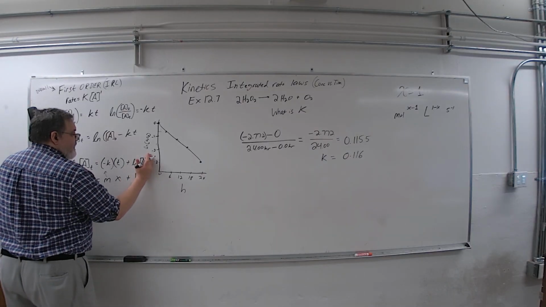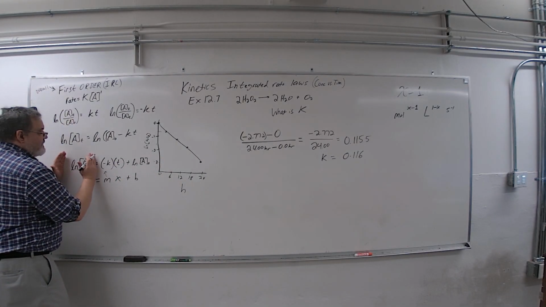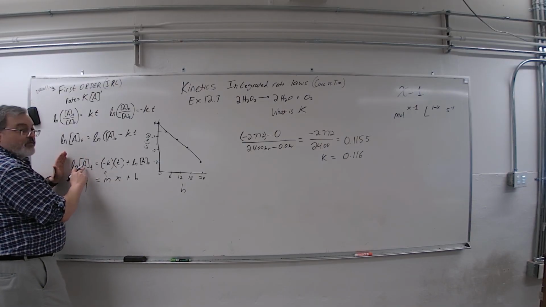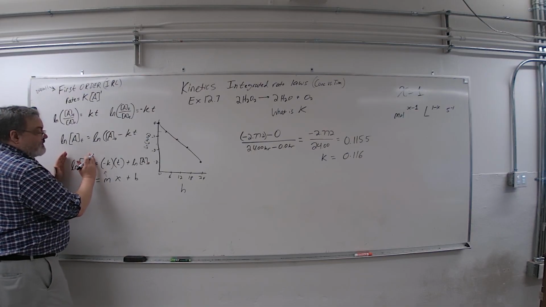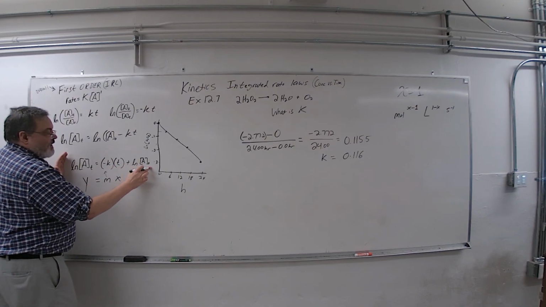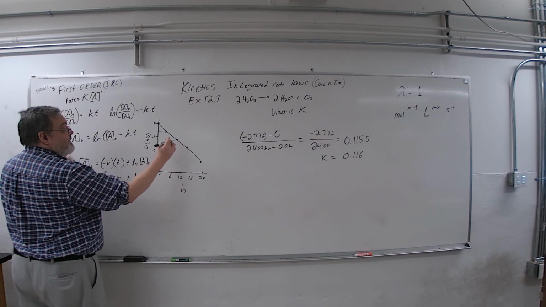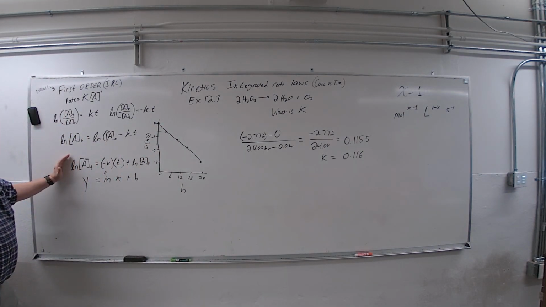If it fits this particular linear equation, where the y-axis is natural log of H2O2, I wrote it as A, I should have written H2O2 here, and it's got K times T, and this is the y-intercept, which is always going to be 0 for these, then it's first order.